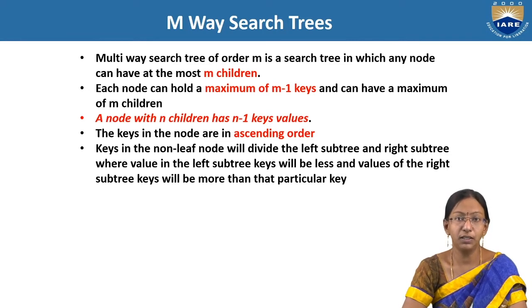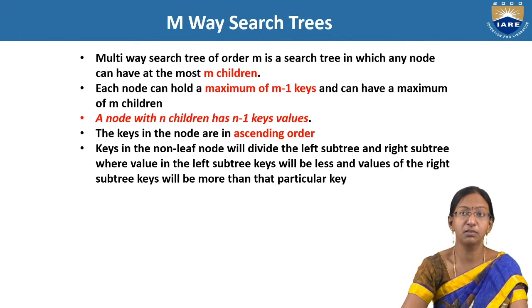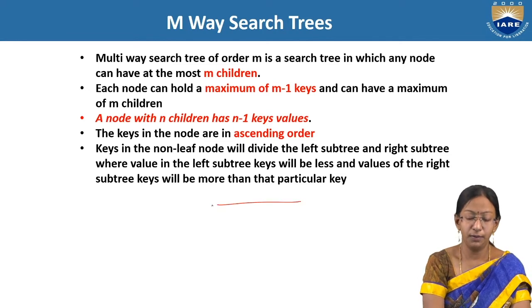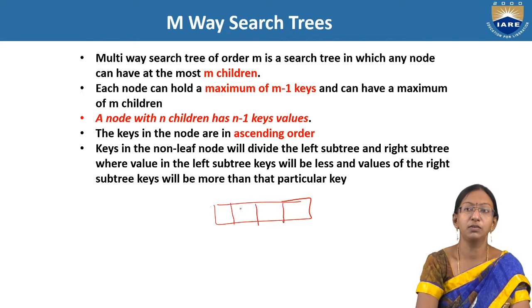To overcome that, M-way search trees have come into the picture. Multi-way search trees of order M will have at most M children. Means a multi-way tree will have nodes in this order.